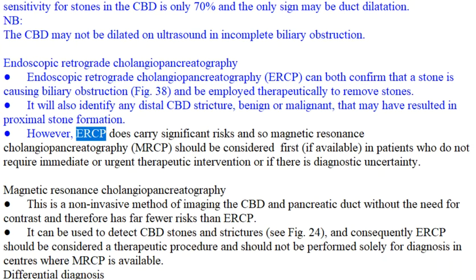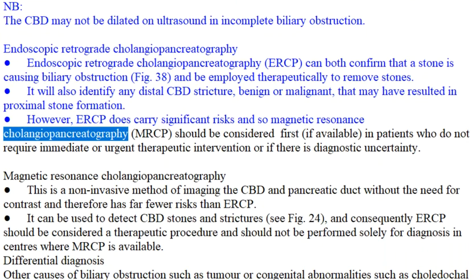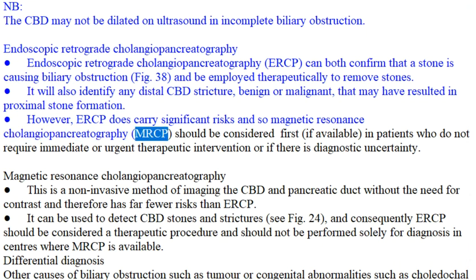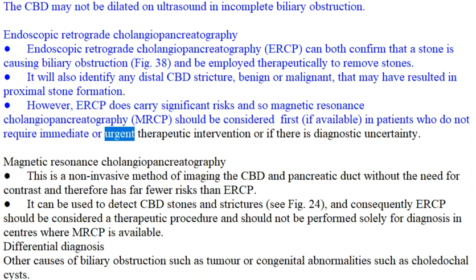However, ERCP does carry significant risks, and so magnetic resonance cholangiopancreatography, MRCP, should be considered first, if available, in patients who do not require immediate or urgent therapeutic intervention or if there is diagnostic uncertainty.